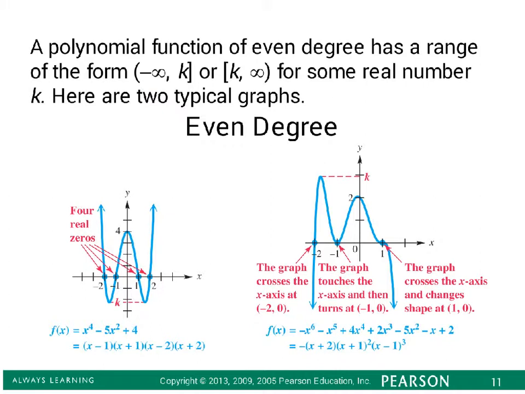Our functions that are even degree either begin at a k value and go to positive infinity, or we begin at negative infinity and go up to that highest point of k. So that is why the even degree polynomials are different.